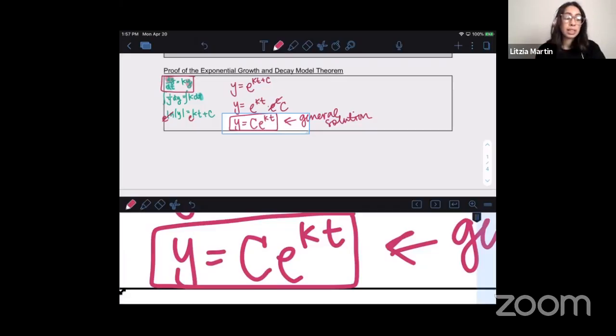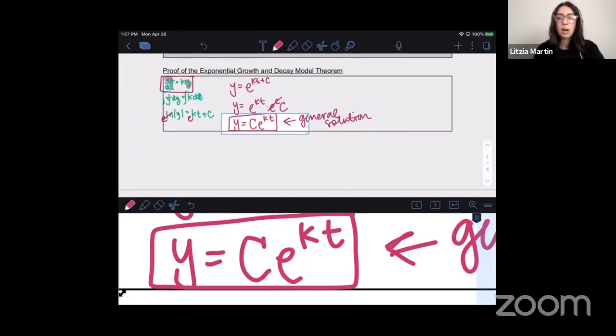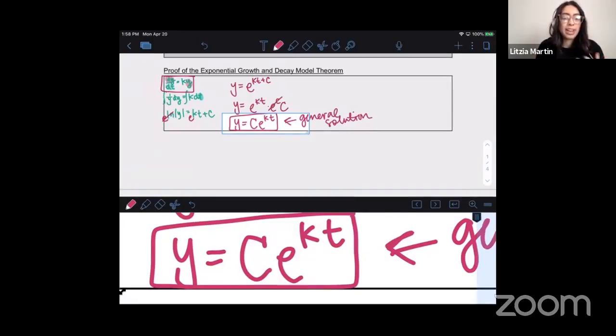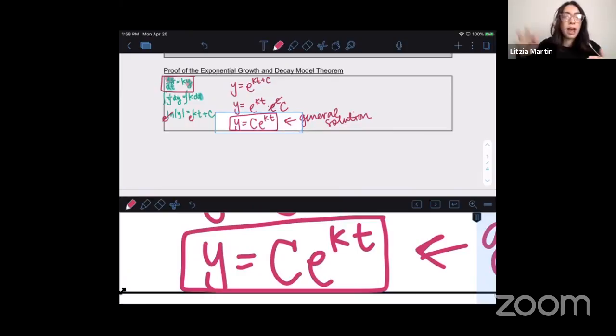So we're going to be looking at an example next where we determine what k is equal to and what c is equal to, because this is still just a general equation. It's not a particular solution for that y value. This is not any kind of y equation that I can graph, because I don't have values for c and k.